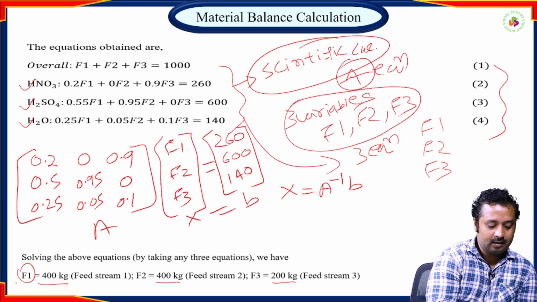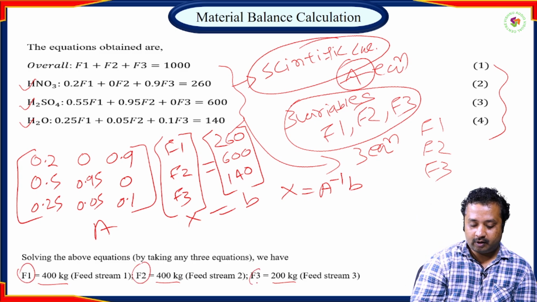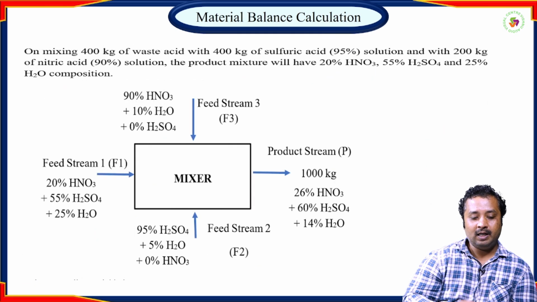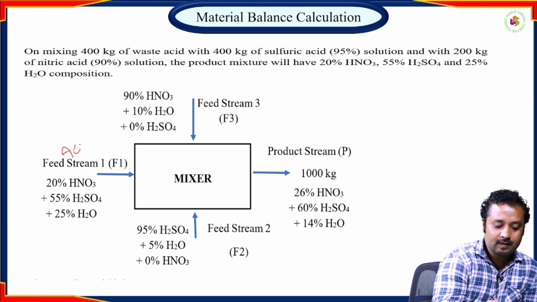What is F1? The amount of waste acid. The amount of concentrated H2SO4, the amount of concentrated HNO3 required. So overall, what we calculated is on mixing. What is the desired?